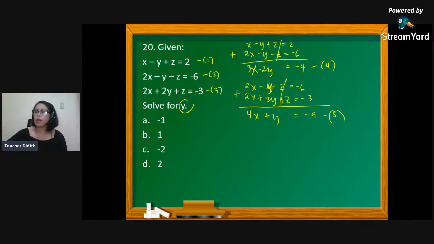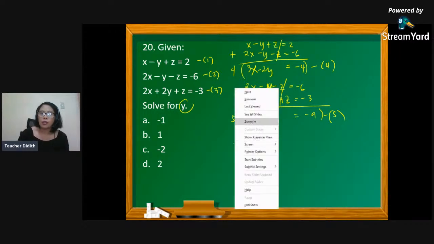And we're asked to solve for y. So we will rename both equations 4 and 5 for us to cancel x and then solve for y. So we will multiply this by 4 and this by 5. Tingnan natin, ha?